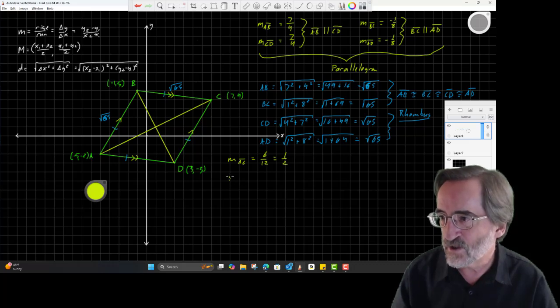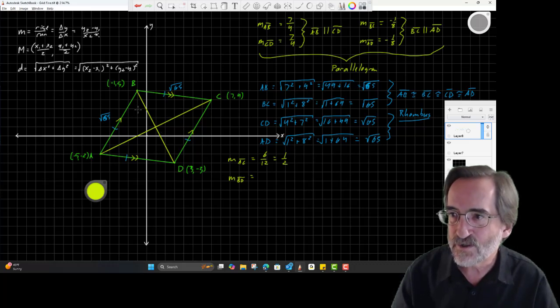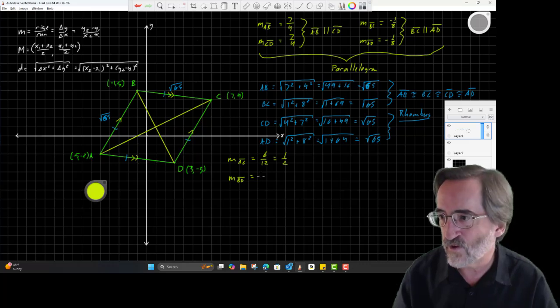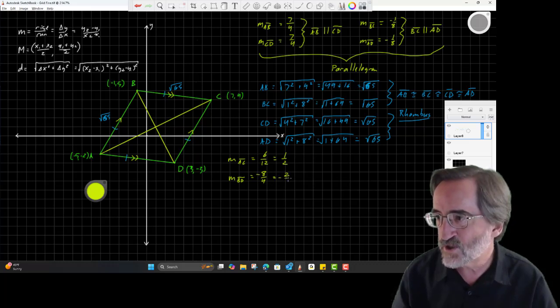And the slope of BD, rise over run. So 2, 4, 6, 8, and 2, 4. 8 over 4, but it's going down, so it's negative. I'm going to put it as negative 2 over 1.